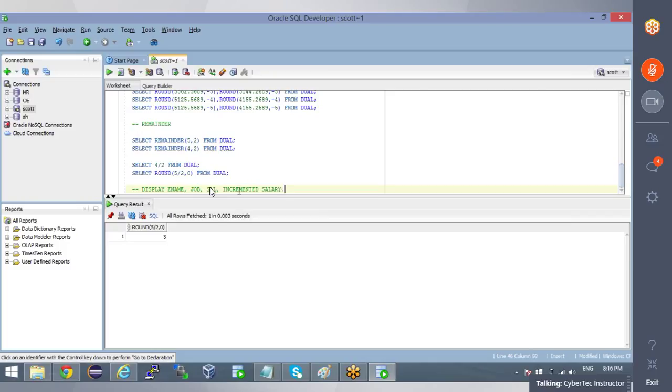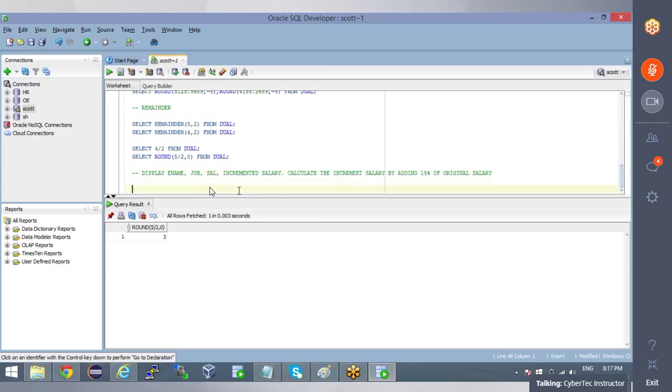Calculate the incremented salary by adding 15 percentage of the original salary. All right, this is how we have to calculate it. So this is what my requirement is.